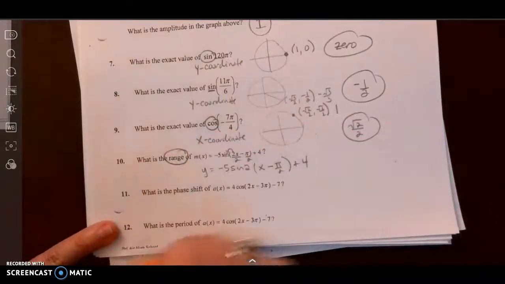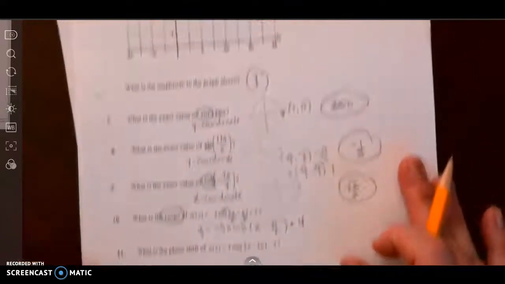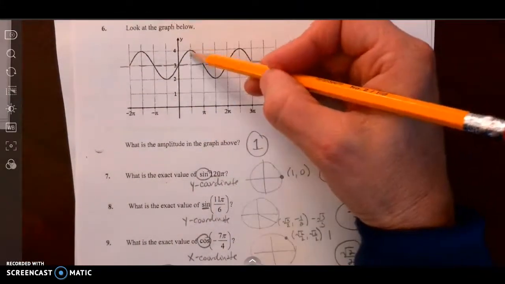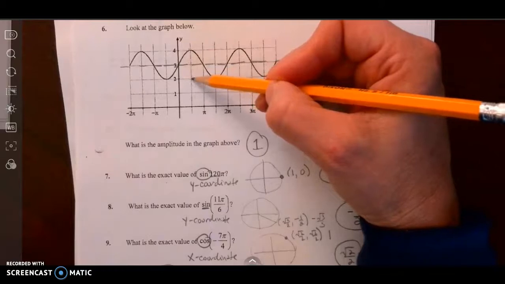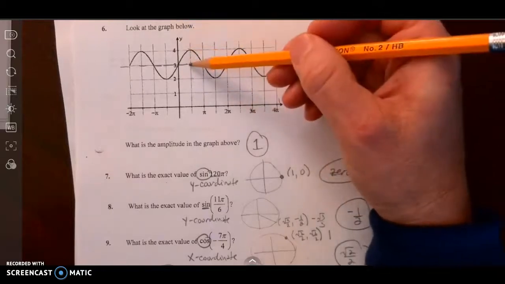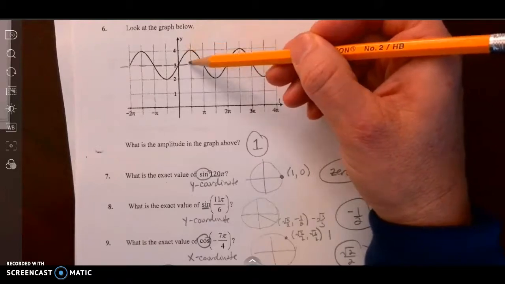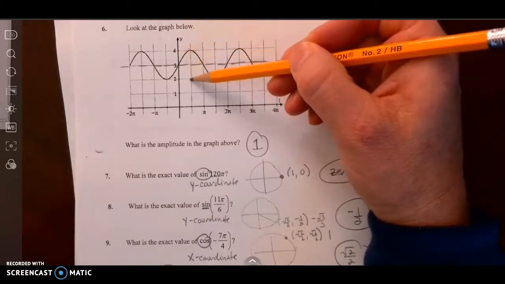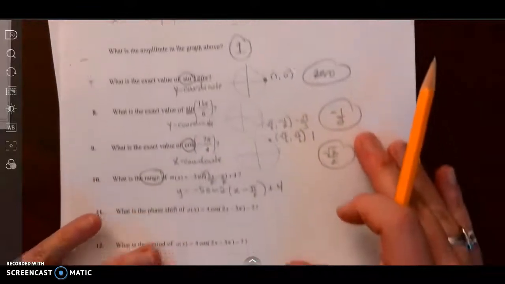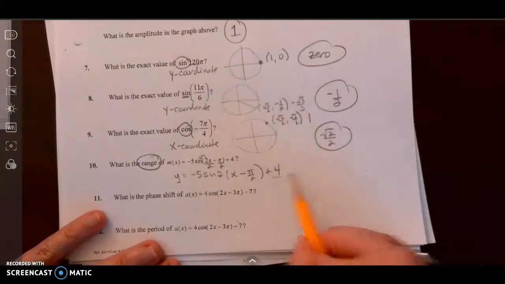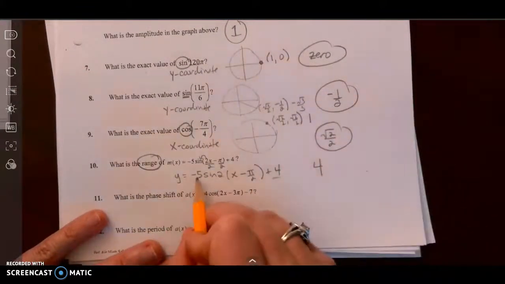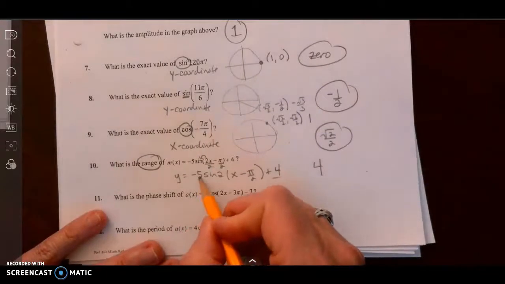Range means my y values. In other words, the high and low. It's going from this low value to this high value, and it's always the axis plus the amplitude or the axis minus the amplitude. The axis is at 4, and the amplitude is 5.